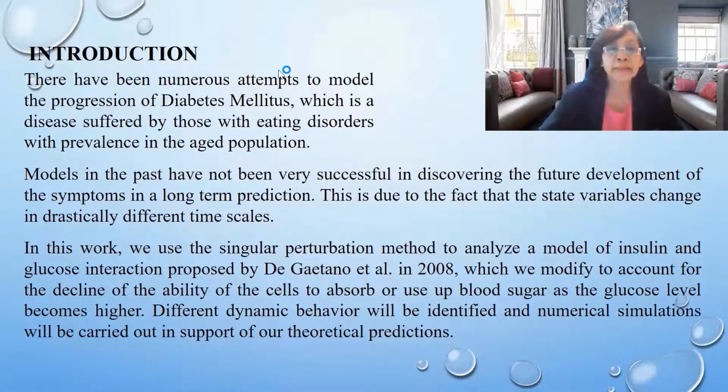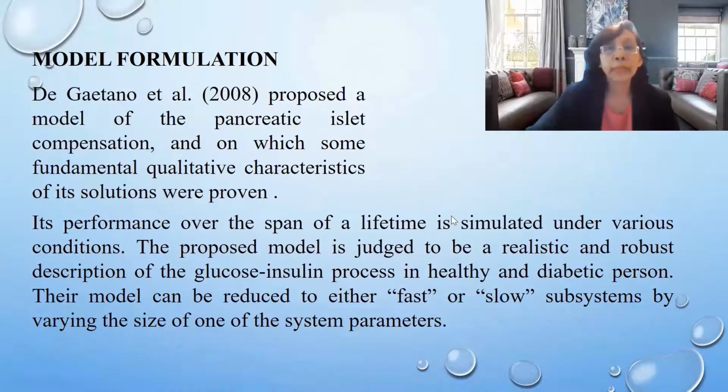Models in the past have not been very successful in discovering the future development of the symptoms in a long-term prediction. This is due to the fact that the state variables change in drastically different time scales. De Gaetano and co-workers proposed a model of the pancreatic islet compensation on which some fundamental qualitative characteristics of its solutions were proven.